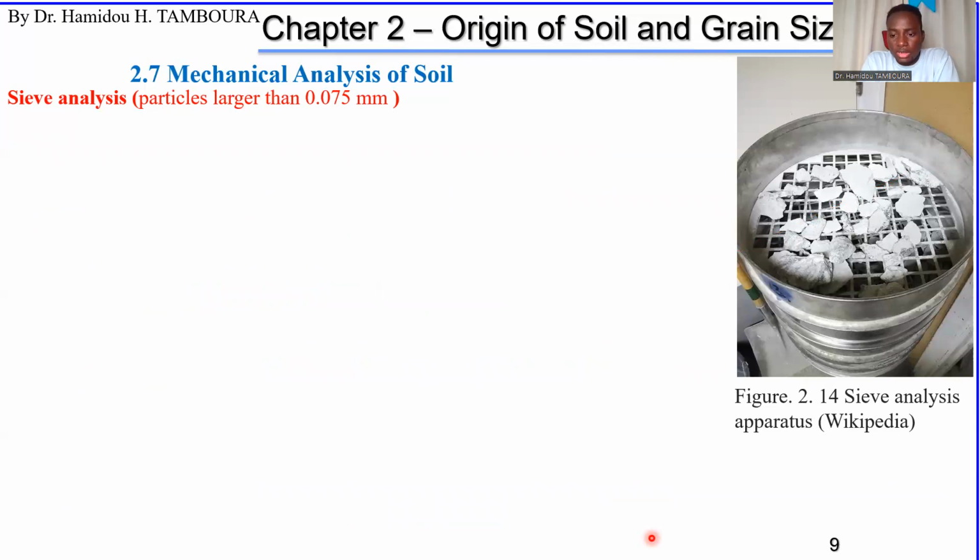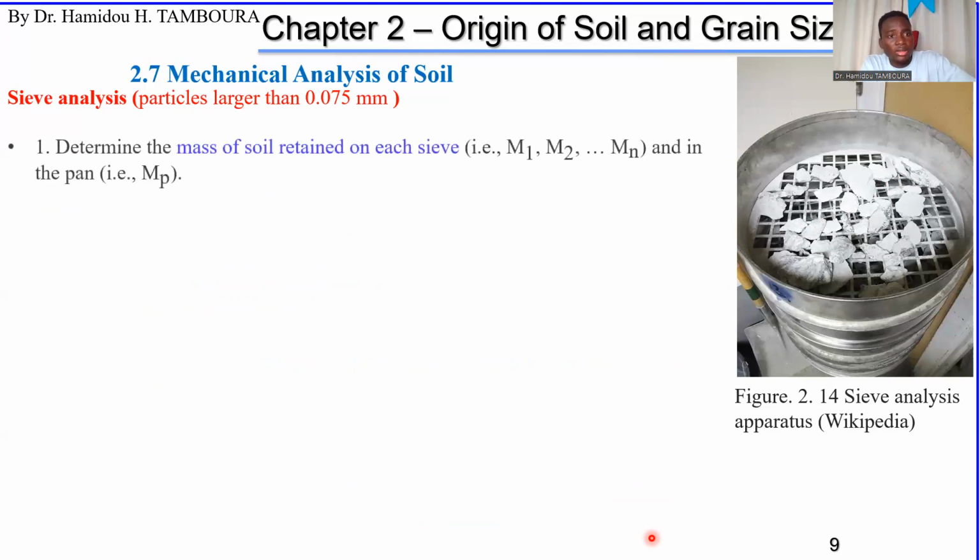Okay, how does it work exactly? Let's explain step by step. Step number one, after shaking everything, and now some people use a machine to shake the sieves, but some people do it manually because they don't have enough money to buy a machine.